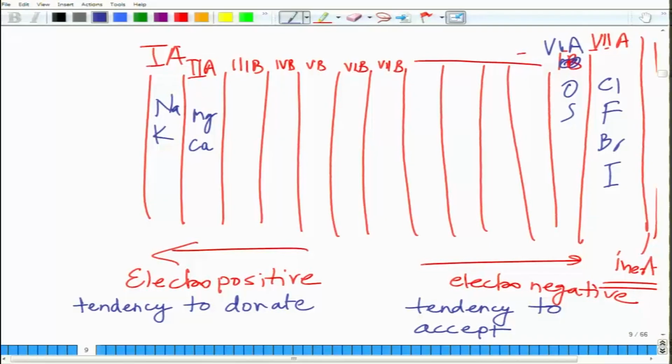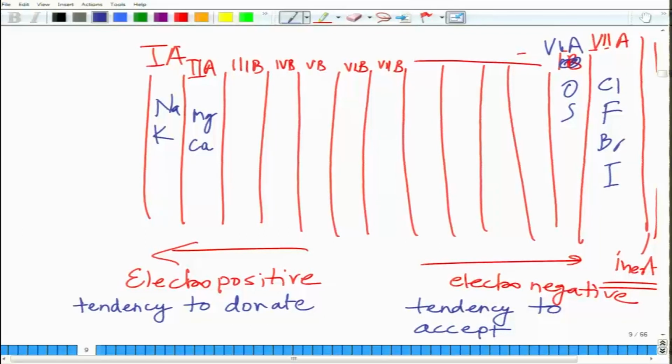In the middle you have atoms right up to the column 3A, right up to the boron, aluminum, you mostly have elements which will tend to give away the electron. So on this side you have electropositive elements, on this side you have electronegative elements, and when you mix these elements with each other you form bonds, because one has a tendency to give away, another has a tendency to take, and that is where the bonds are formed.